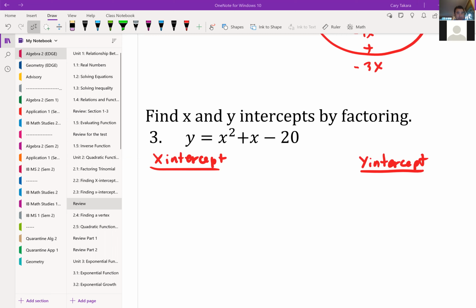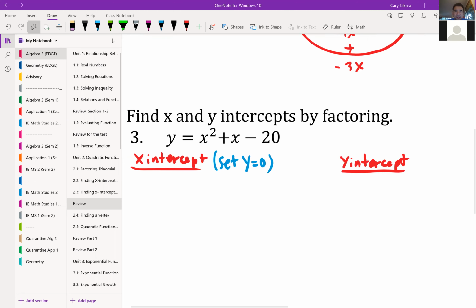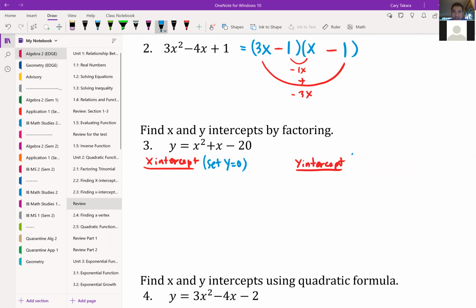You're going to set y to 0. Will you be able to remember that? It's very important, okay? To find the x-intercept, you're going to set y to 0. And to find the y-intercept, you're going to set x to 0.